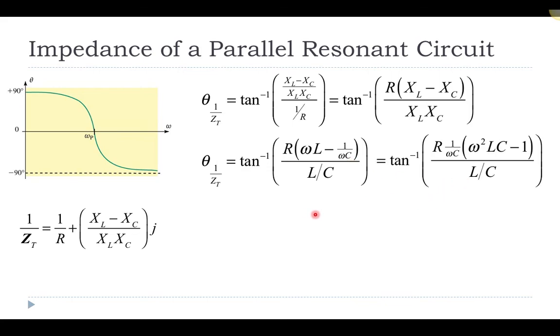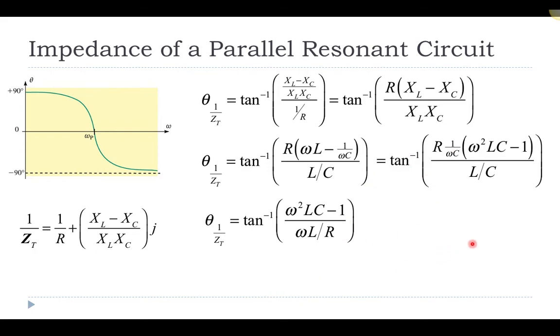I can do a little bit of factoring. Of course, in the bottom, same reasoning as before, the angular frequency cancels because one depends on the angular frequency, one depends on 1 over. I can pull out 1 over the angular frequency times the capacitance here.